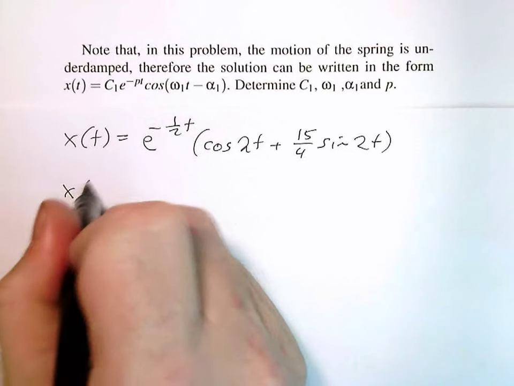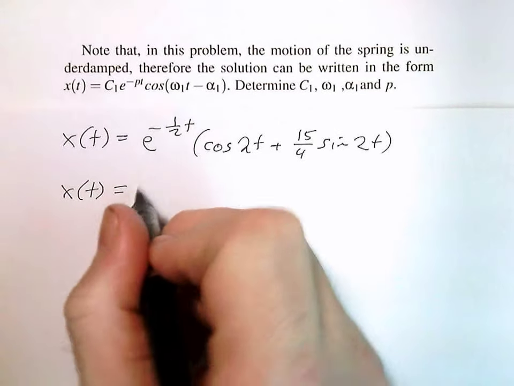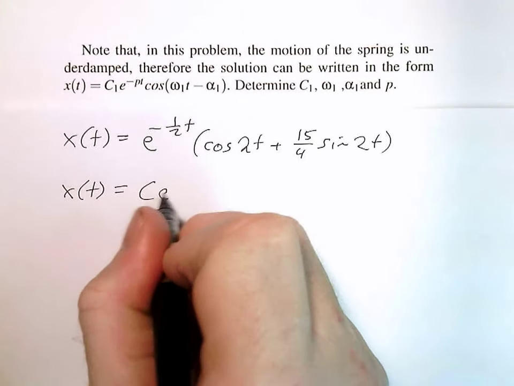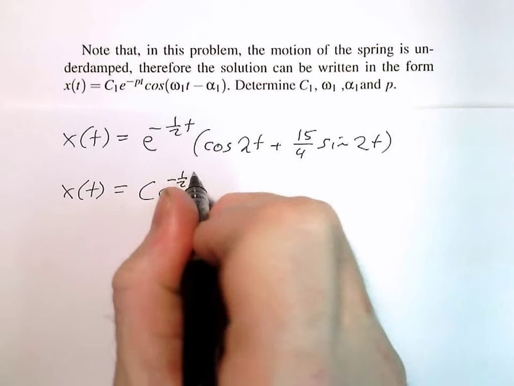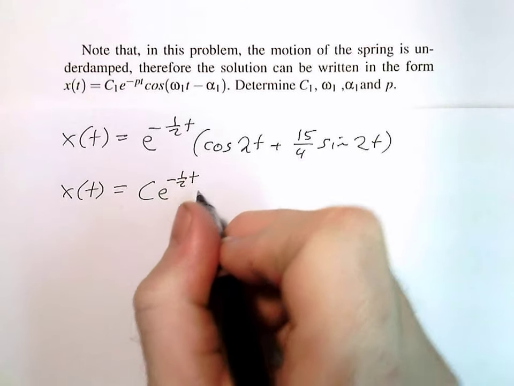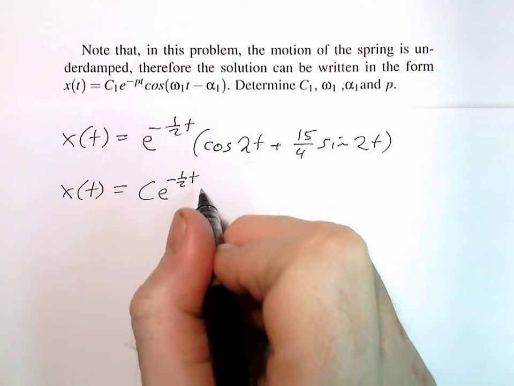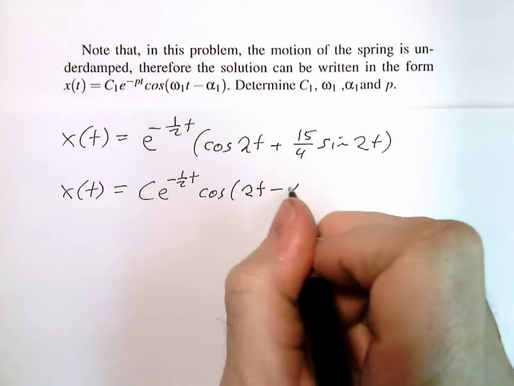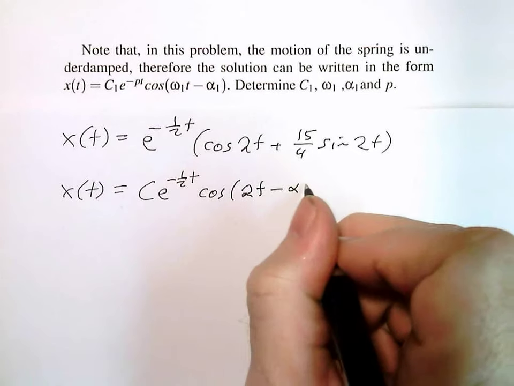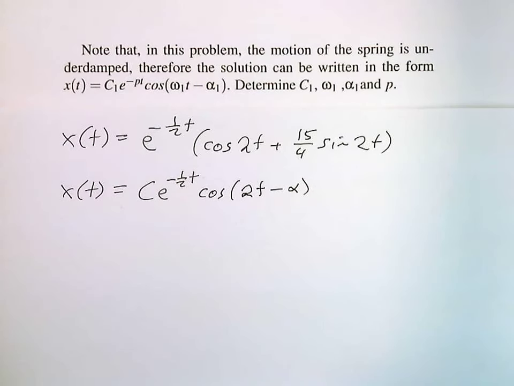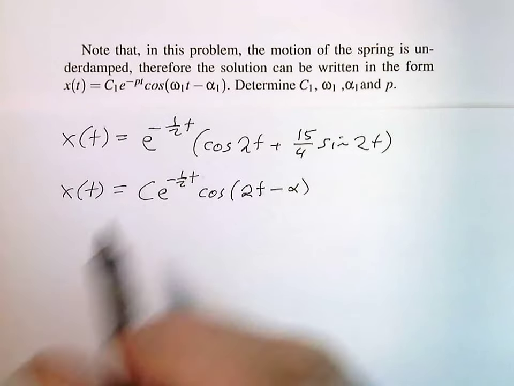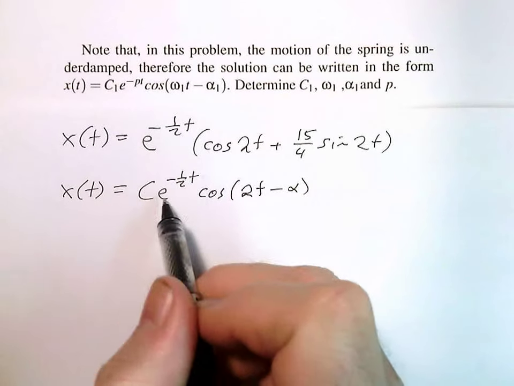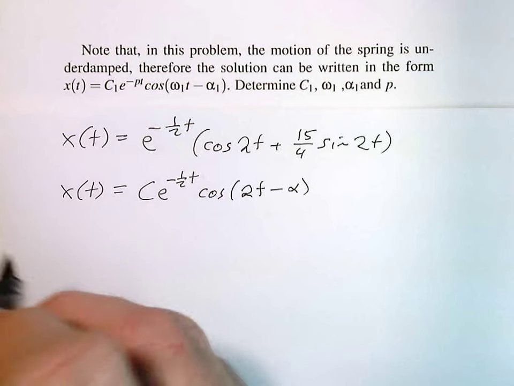So I'm writing my x of t as some c e to the negative 1/2 t. And then here I'm going to have a cosine of 2t minus alpha. Okay, to match these things up. And if I'm going to equate things, these exponentials can drop out.